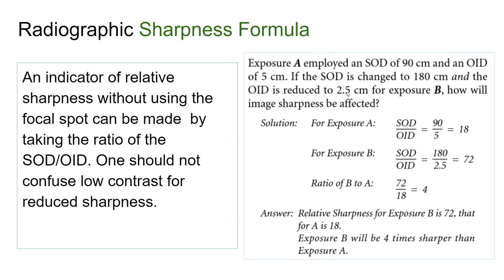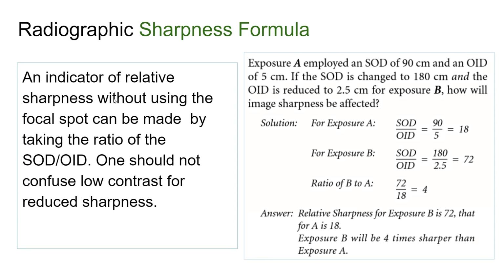Okay, then we have the radiographic sharpness formula. This one is particularly useful when you're comparing multiple exposures, like exposure A versus exposure B. And this one does not use the focal spot. Okay?